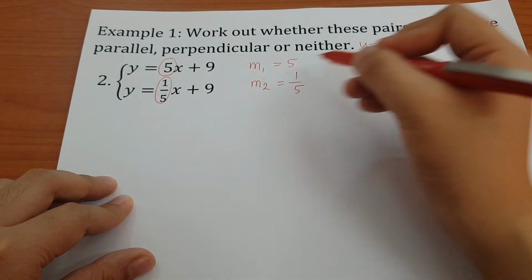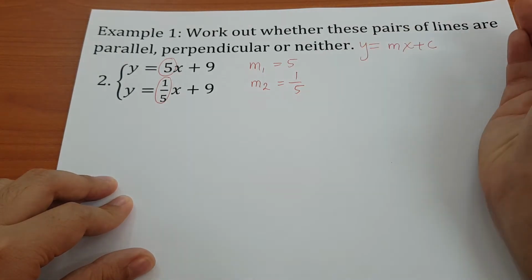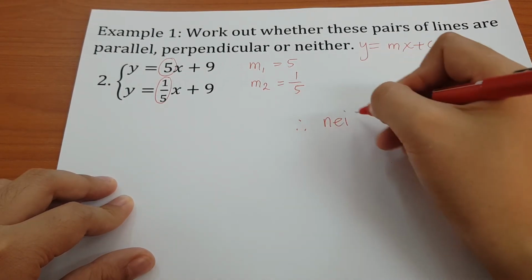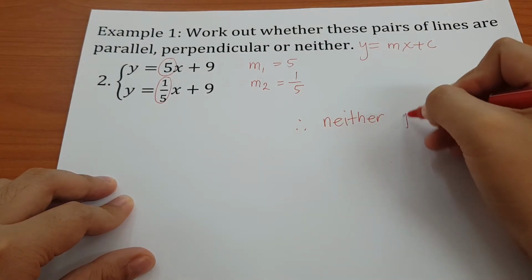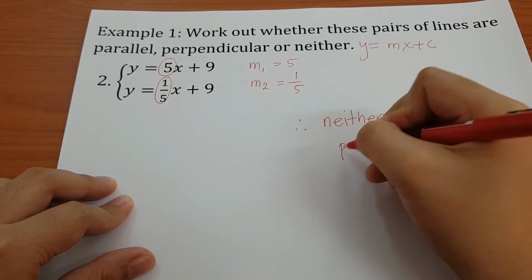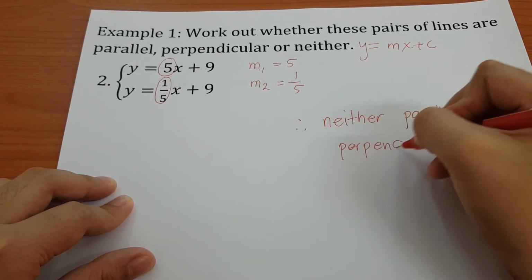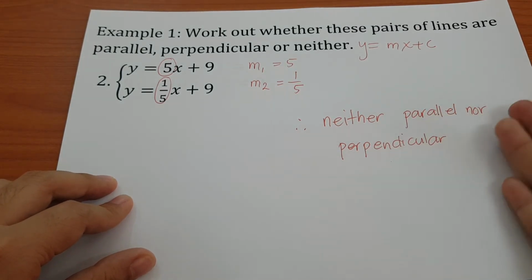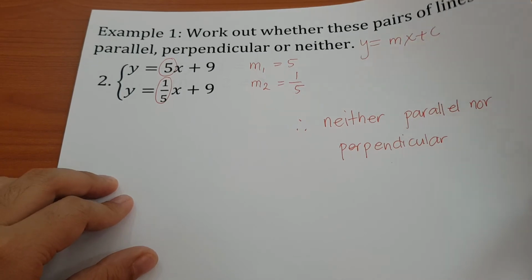And then if you multiply these, we will not get negative 1. So therefore, the two lines are neither parallel nor perpendicular. So they are not parallel, and they are also not perpendicular lines.